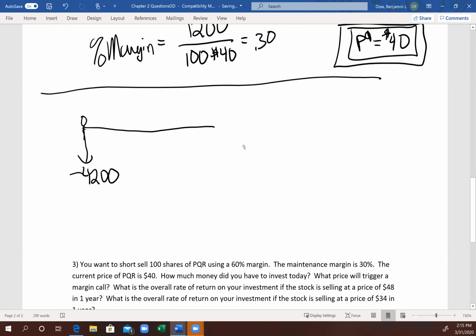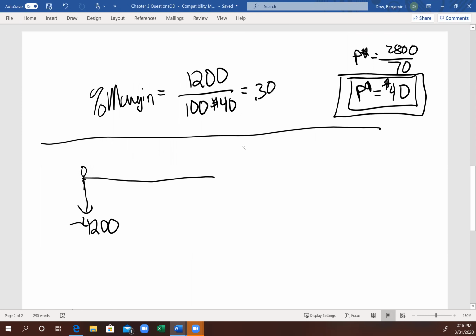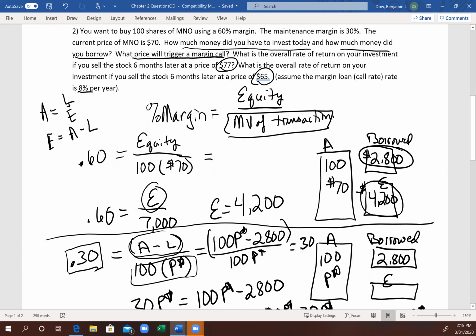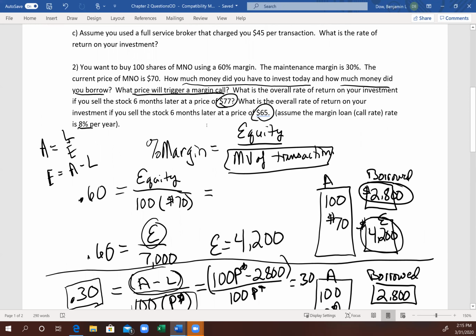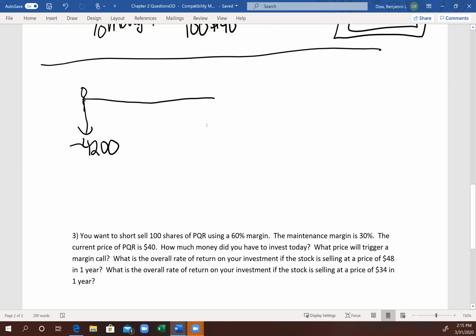Now, we're going to look and see, for instance, 6 months later, the stock price is at 77. So it went from 70 to 77.